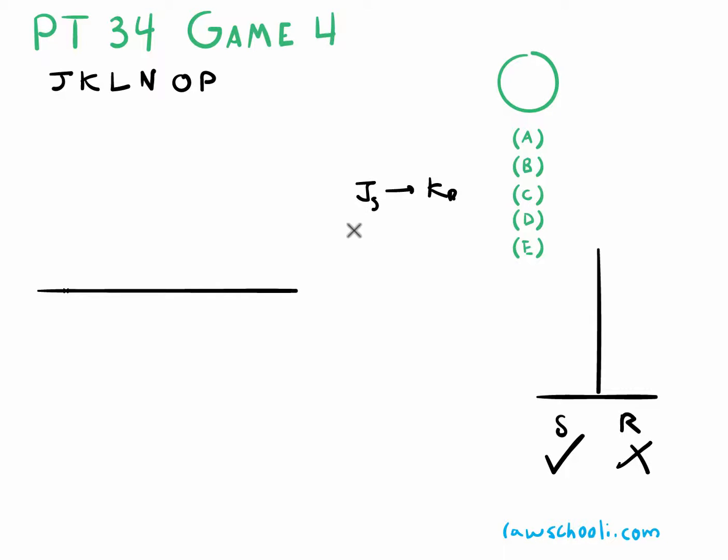Well, JS, that's J in, and then K is out. So J then not K, and then the contrapositive is going to be K then not J. And just like we normally do with the 2 chains method, we put that contrapositive over on the other side.